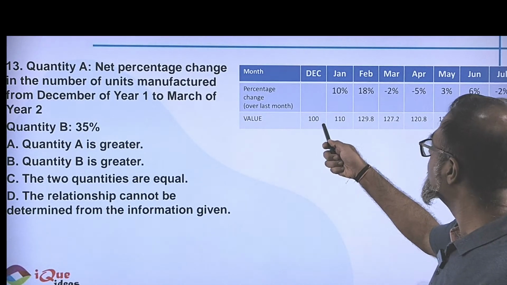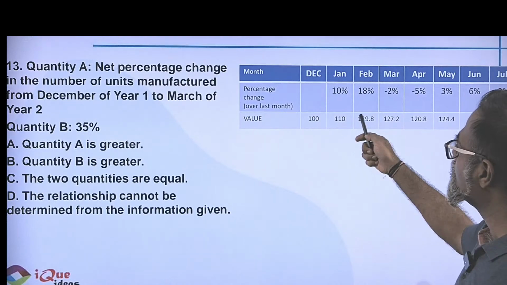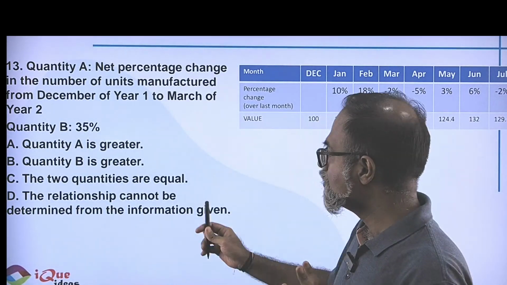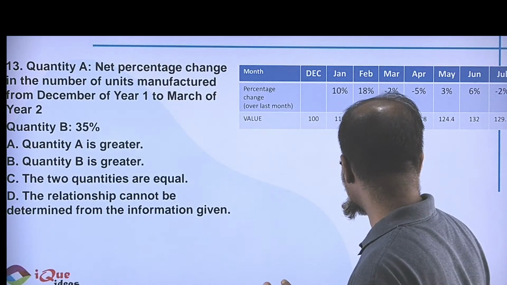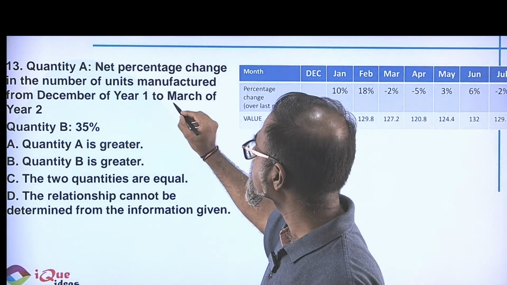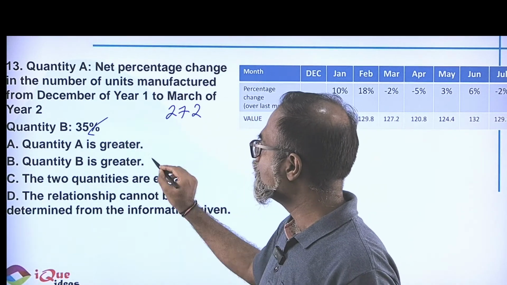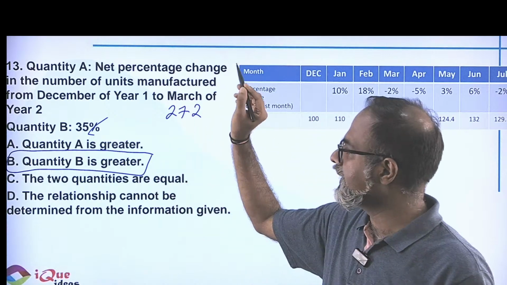In December 100, in March 127. So 27.2 percentage, easy because base was 100. So my first value is 27.2 and second value is given as 35.